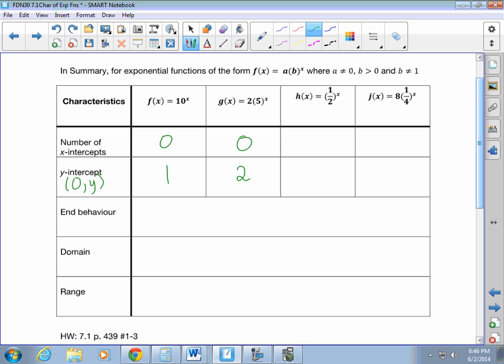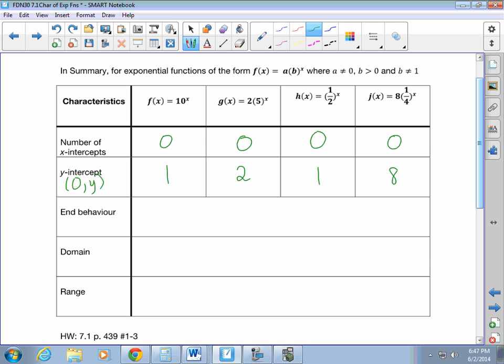When we had it to the 1/2, the graph never crossed the x-axis. It got close to 0, but it never crossed it. When we find the y-intercept, 1/2 to the power of 0 was 1. And for the last one, 8 times 1/4 to the power of x, again, it never crossed the x-axis. We had 1/4 to the power of 0 would be 1, so 8 times 1 is 8.